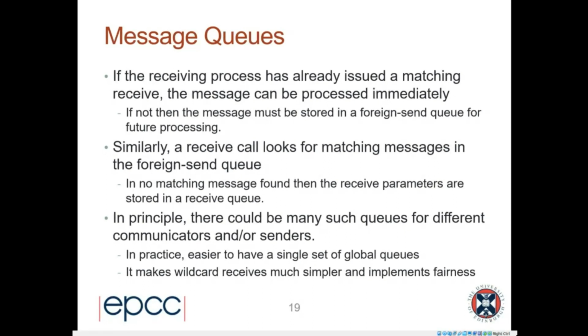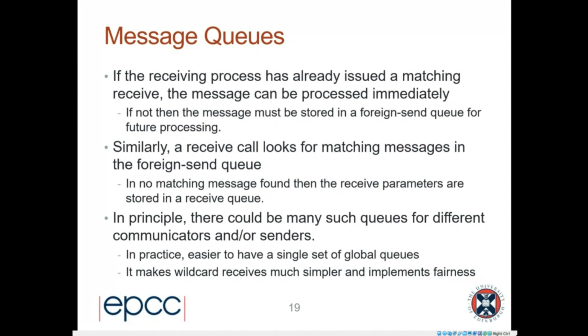And also, if you have a receive call, you'll look for matching messages in the foreign send queue. So if you issue a receive, you might say, has a message already come in? Oh, yes, it does. I can process it. If not, I have to pend it and say, look, I'm expecting a receive, but it's not come in yet.